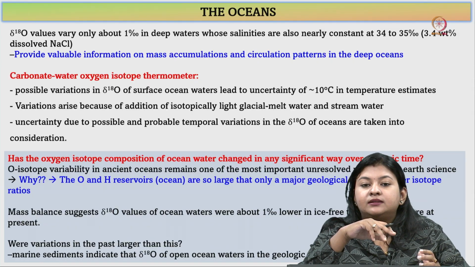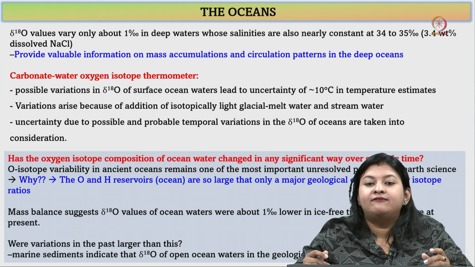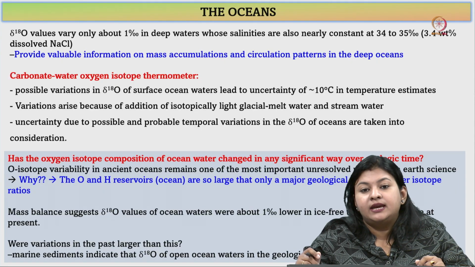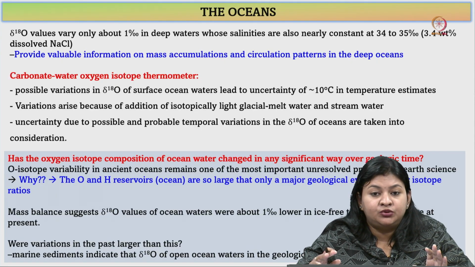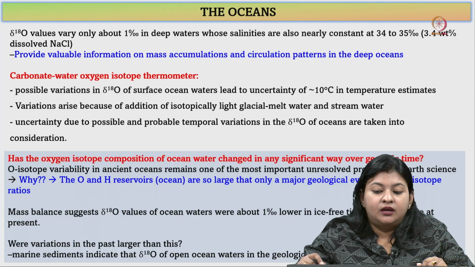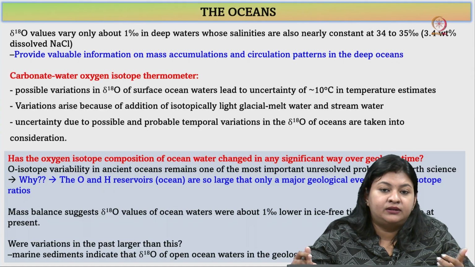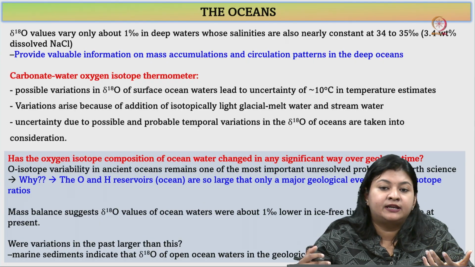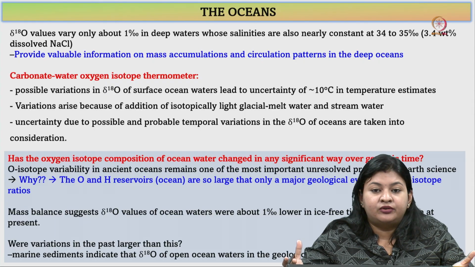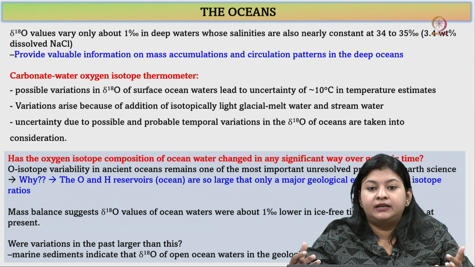So, using the delta 18O values of this particular ocean water can have certain drawbacks, okay, and it can lead to large uncertainty in our temperature. It's not absolutely useless, but it may have certain errors, and this is mostly due to the addition of fresh water, either ice melt water from near the poles or from the rivers and streams, or due to other variations with weather.